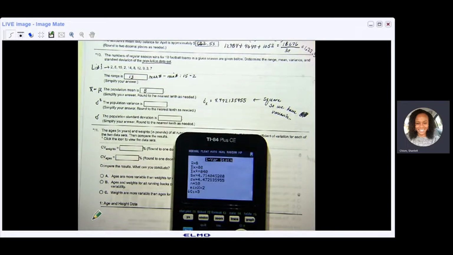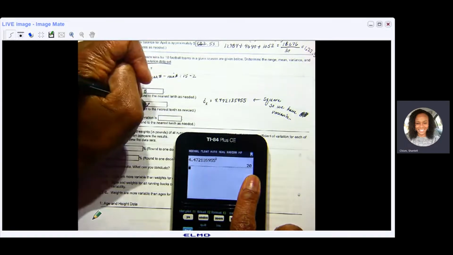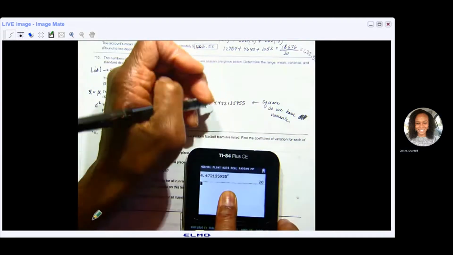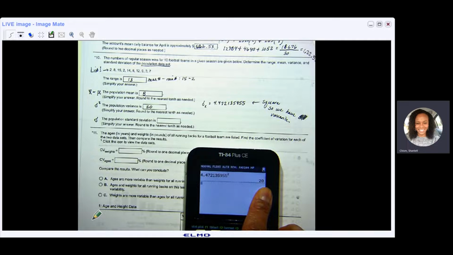So let's square 4.472135955. We get 20. That's why I like to use all the digits, because if I rounded that off, it would not have come out to that simple whole number 20. So using every digit and then squaring it gave us the variance.